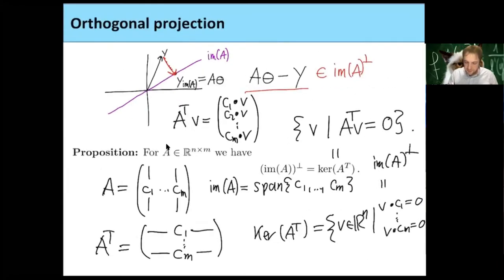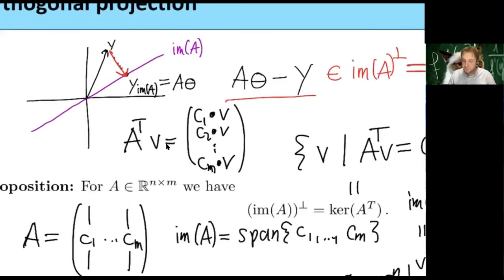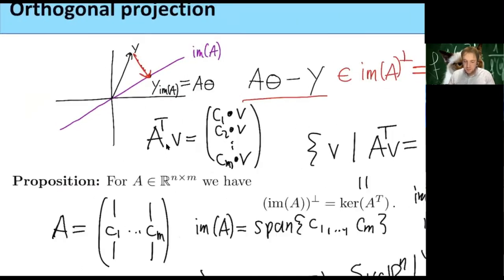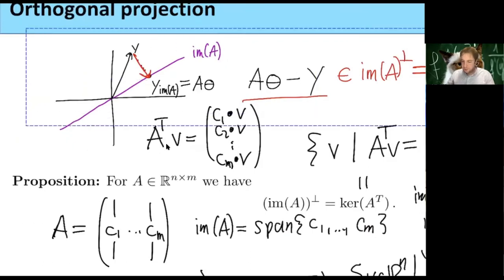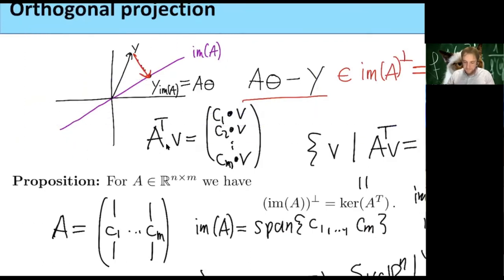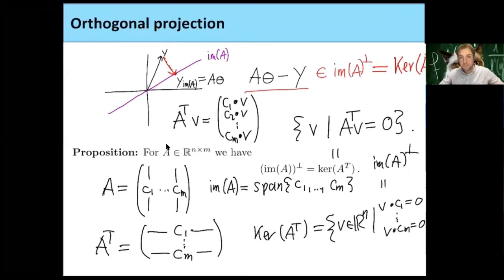Okay, so the statement here is, by this proposition, the orthogonal complement of the image of A is exactly the kernel of A transpose. So let me copy this. Are there any questions here?